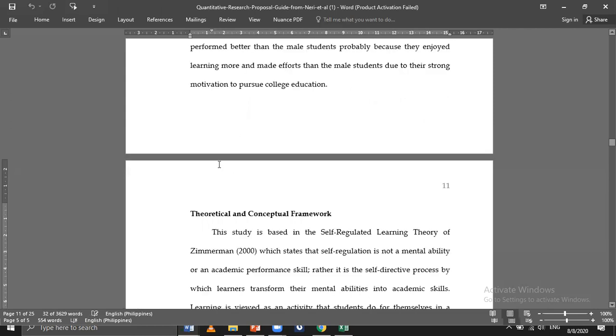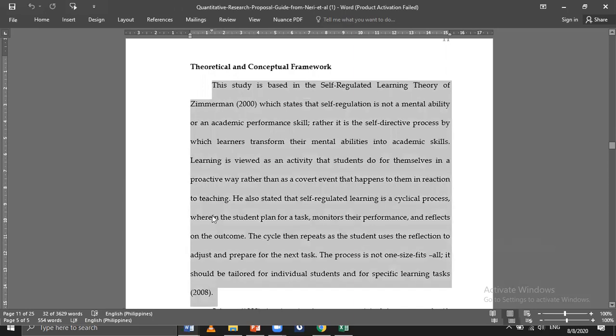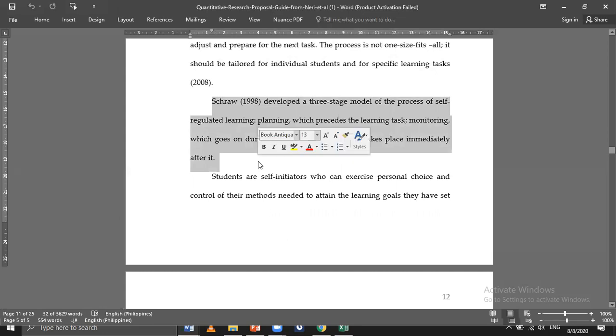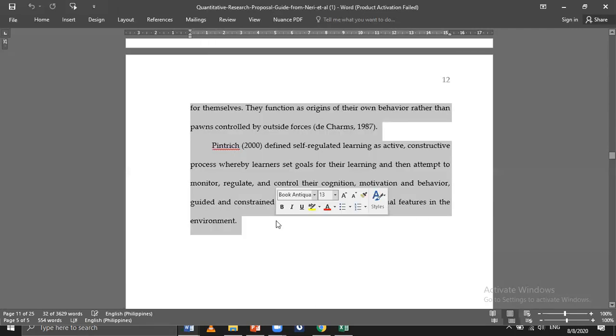Another thing is that when you have the theory in your theoretical and conceptual framework, you need to have the theory and those concepts, which give the indicators of your topic, your independent variable and the dependent variable, and also some supporting details and concepts.